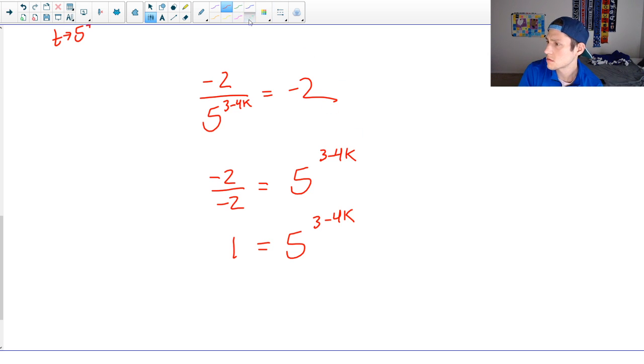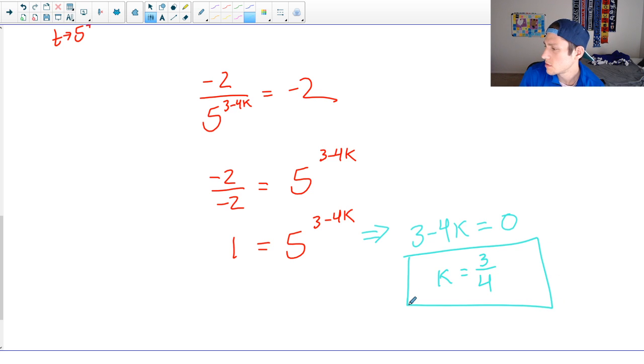So now this question becomes, how can I make this exponent be 0 so that it equals 1? So now I'm just going to take 3 minus 4k equals 0. If I solve that, I'd get k equals 3/4.